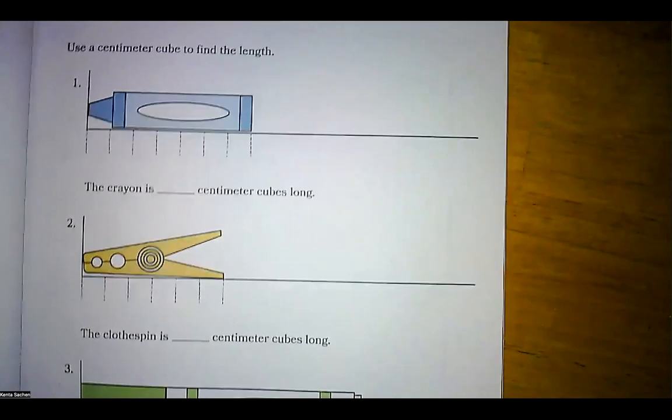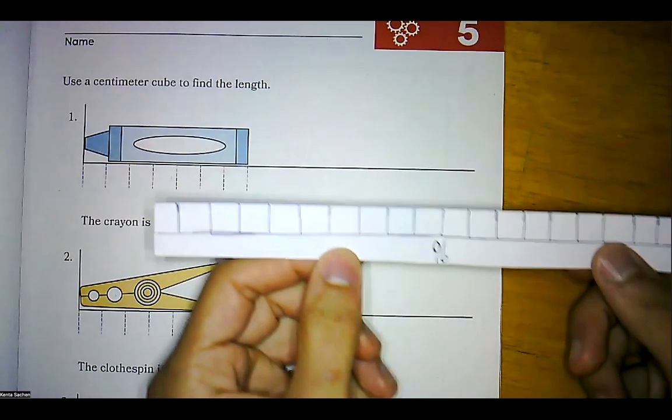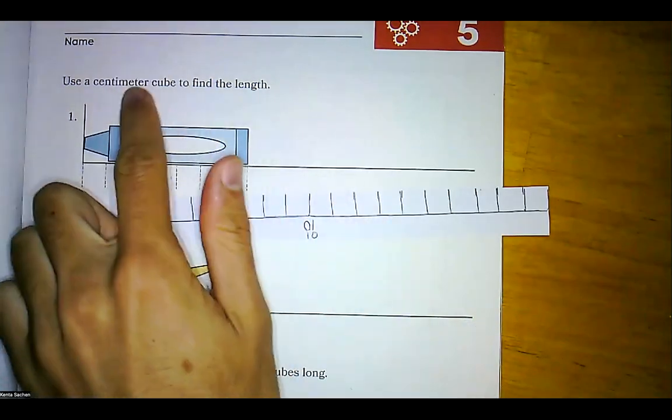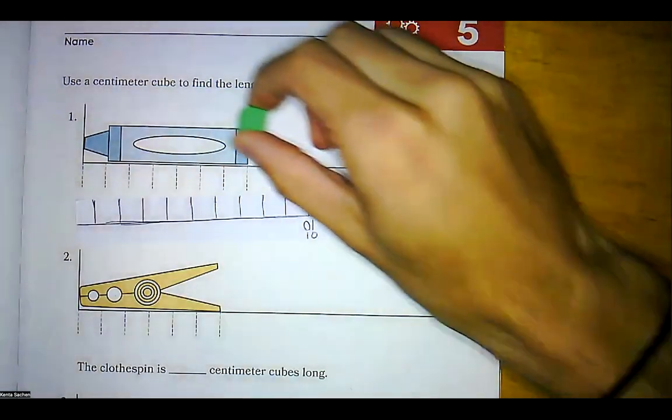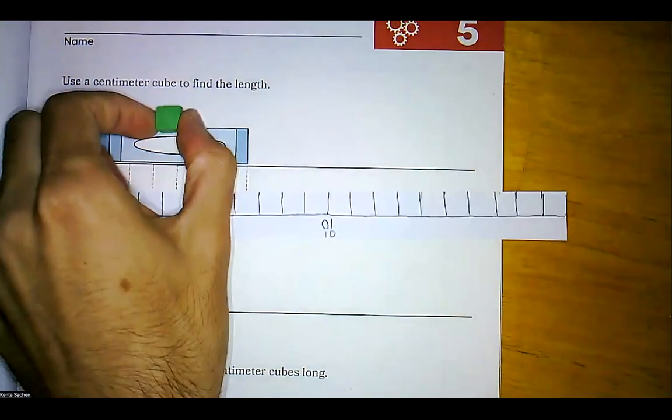So please open up your workbook to page 29, and you're also going to be using this centimeter cube measuring. I know it says centimeter cubes. What they're talking about here is this. This is a cube.